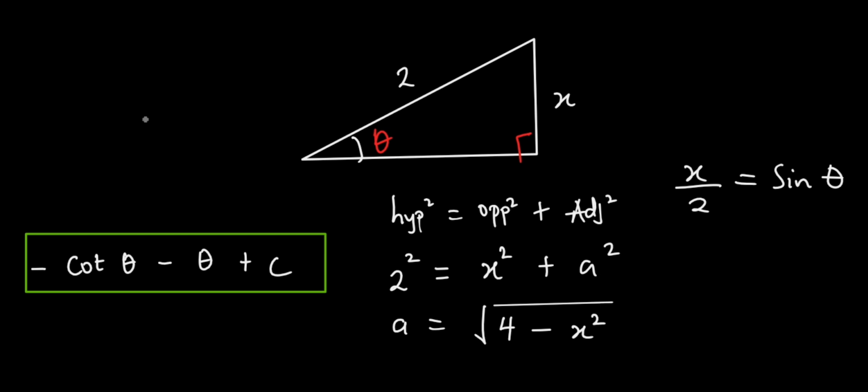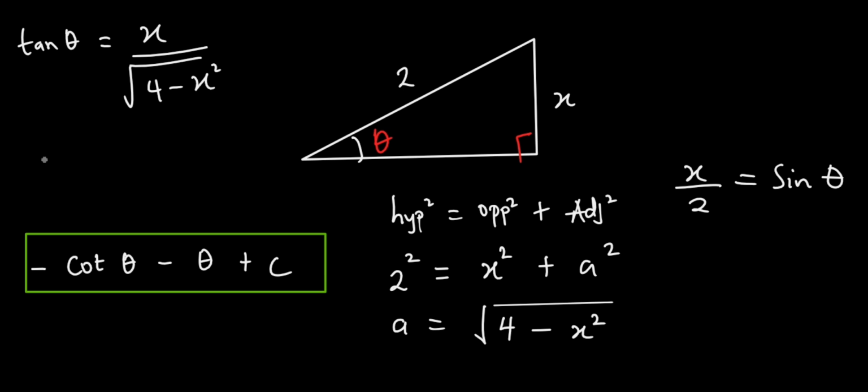So if sine theta is equal to x over 2, what is tan theta? Then we know that tan theta is simply opposite over adjacent. So the opposite side of this triangle is x, over the adjacent, which is what we just found here, the square root of 4 minus x squared.